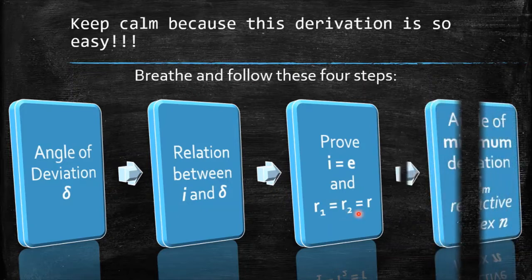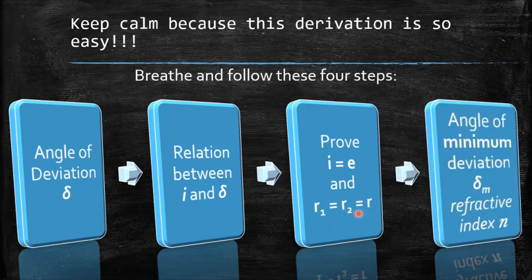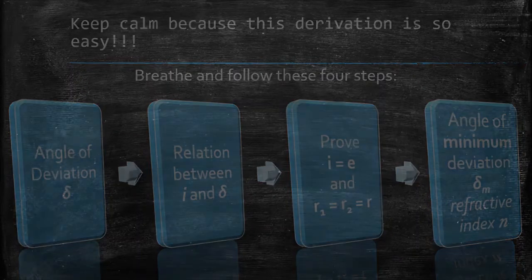And the fourth one is obviously to find out the angle of minimum deviation and then to find out the refractive index of the prism with respect to air. So with this, let's take a big deep breath and start.